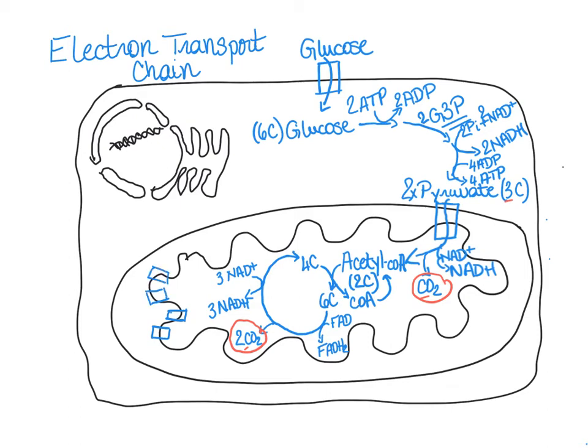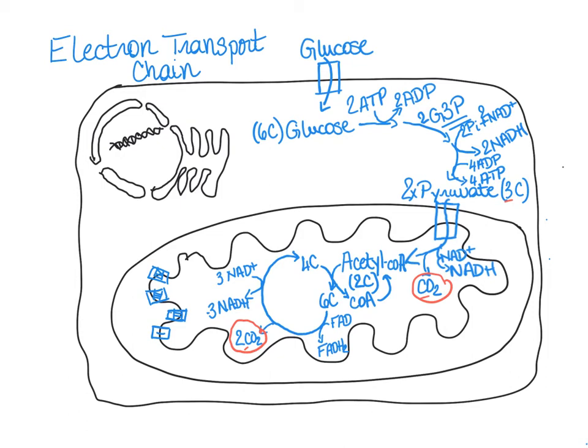There are 4 of those big membrane proteins called complexes. They're numbered 1, 2, 3, and 4. Not very creative. They are where electrons are deposited and move through, just like we talked about in photosynthesis.